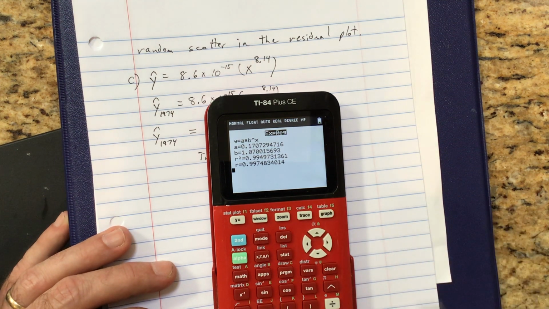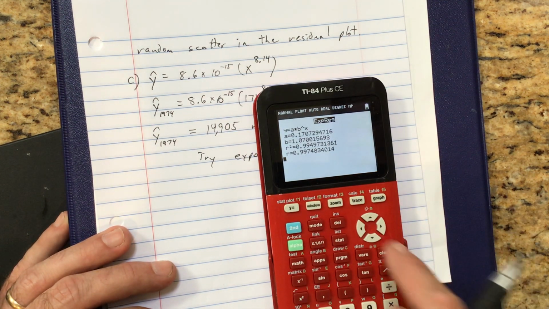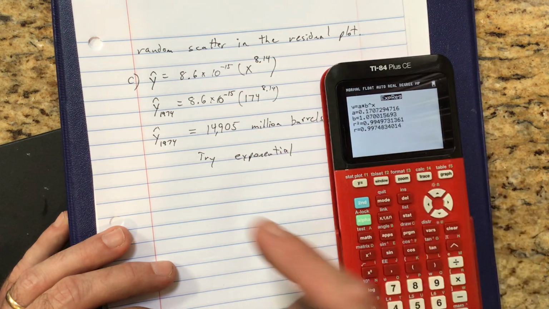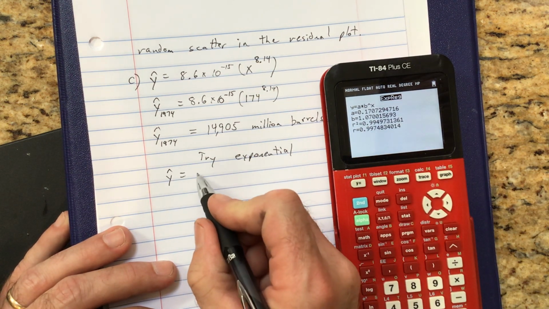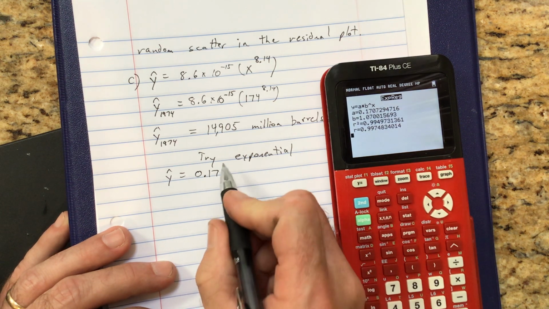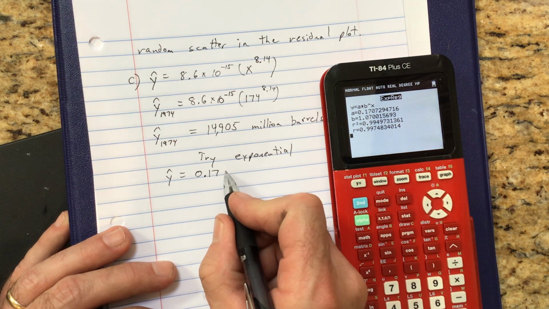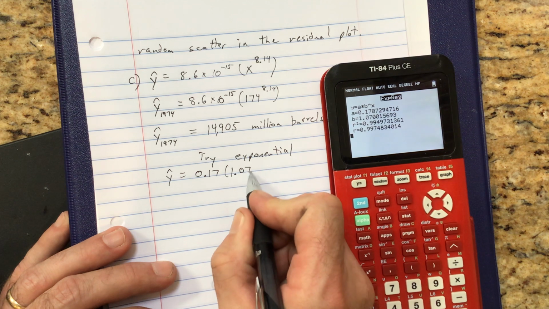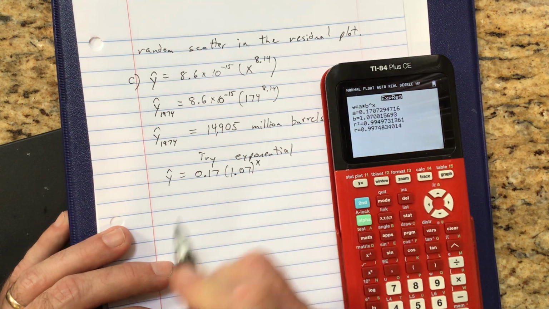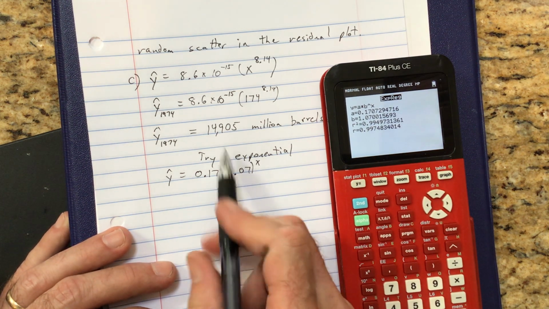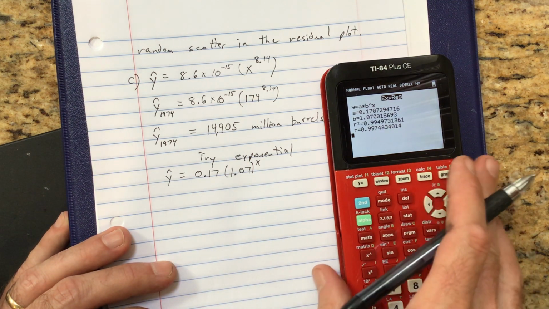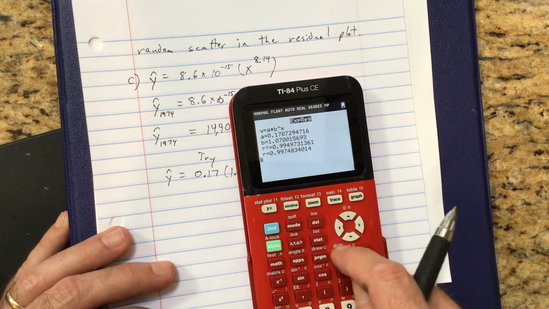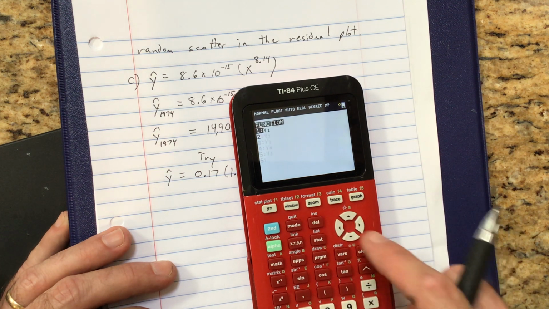So, yeah, these are really close. Okay, let's get our equation written down here. Well, I can say this, at least the exponential has an easier to work with coefficient there, right? All right, let's make our prediction.